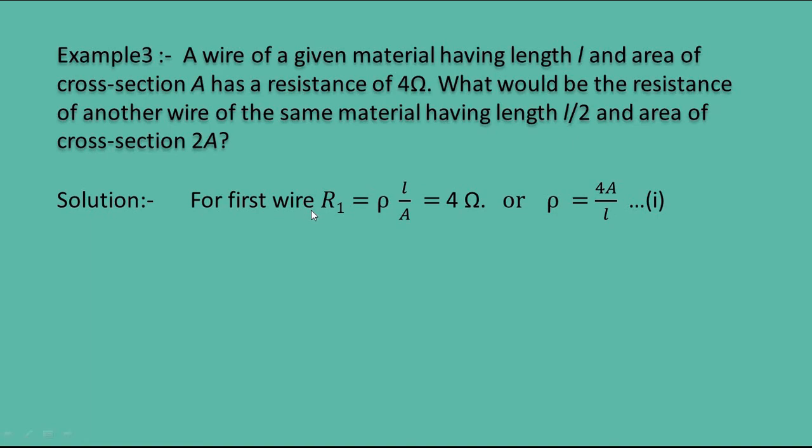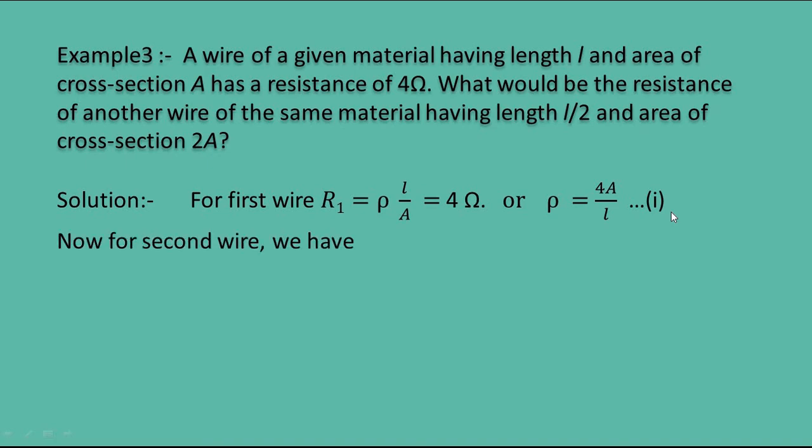For the first wire, R1 equals rho L upon A, which is equal to 4 ohms, already given here. Or this can be put as rho equal to 4A upon L, and we take this as equation 1.